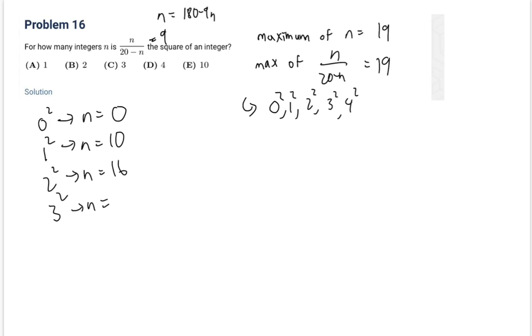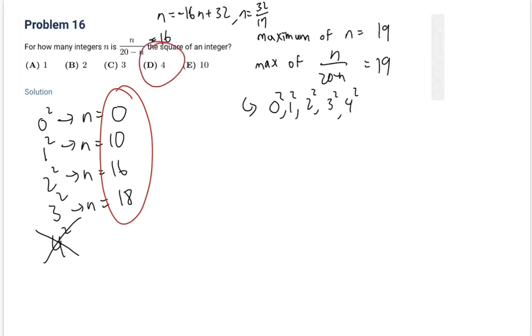So n equals 18. And 4 squared, this is 16, so n would have to be minus 16n plus 32. So n would be 32 over 17, and that's not an integer. So 4 squared is out, so there are 4 integers. So its answer is D.